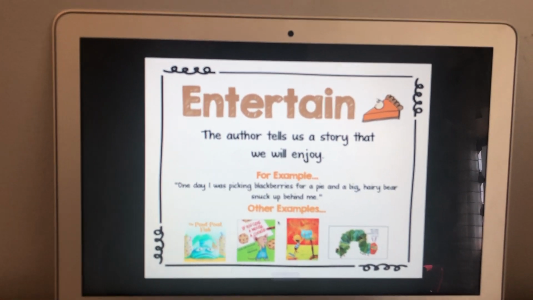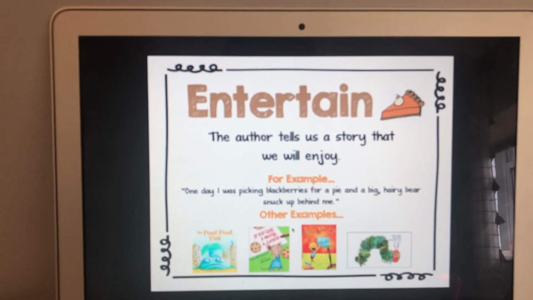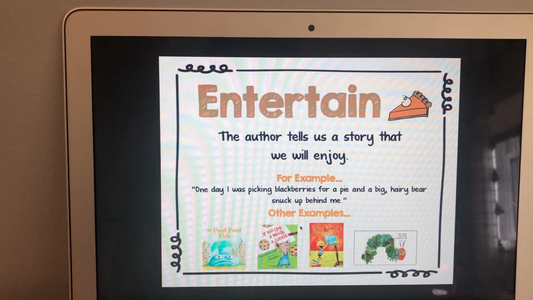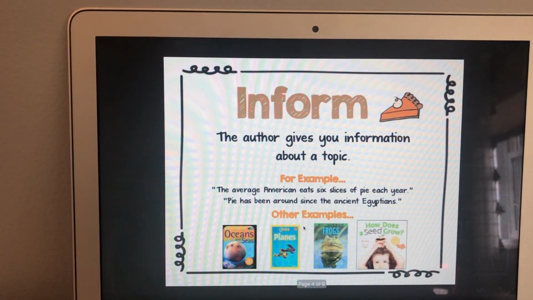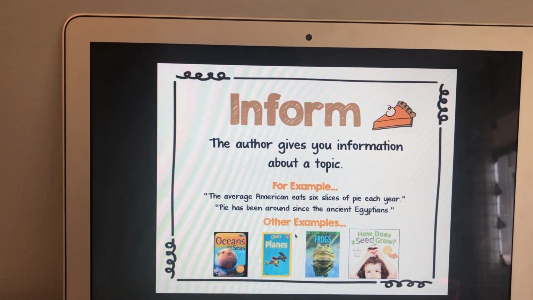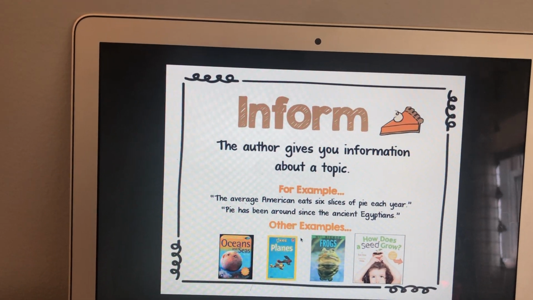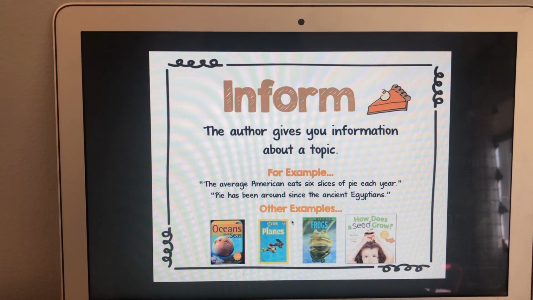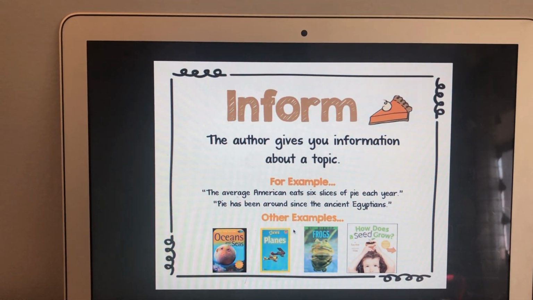Or was she just writing for entertainment, just for fun? Or did she give us a lot of information about seeds, where they come from, how they're made, what they turn into, what they need?